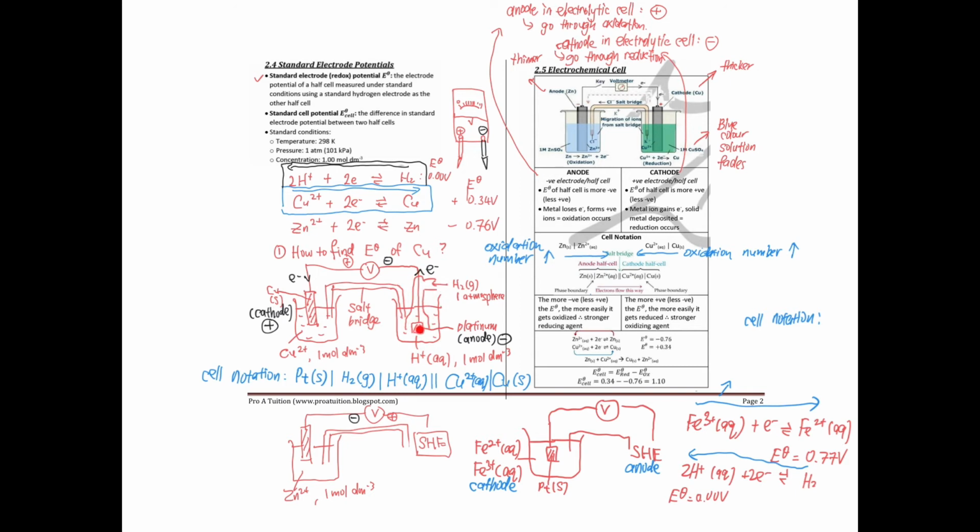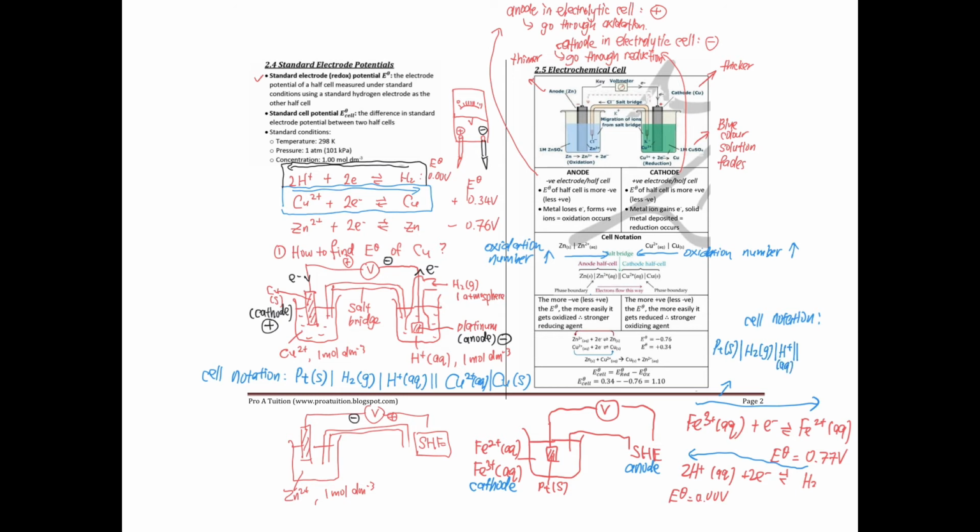We use platinum as the electrode, so we put platinum first. Platinum solid, phase boundary. When you go towards the salt bridge, the oxidation number increases, so we should put H2 first, oxidation number is 0, followed by H+. Then double line. This is aqueous.